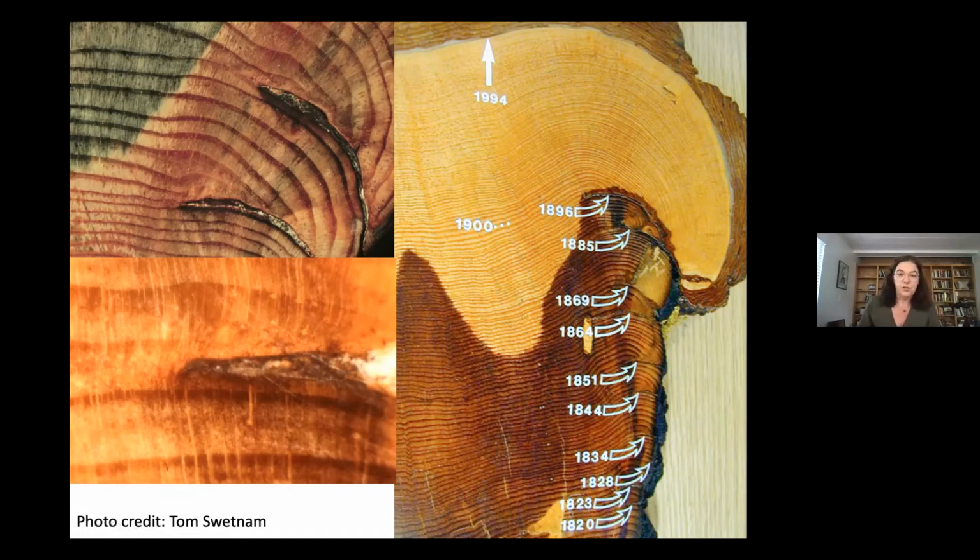So we don't do this research based on one tree. We do this kind of research based on many trees. And so for instance, in this example, you can see there was a fire that harmed this tree every 10 to 15 years on average between 1820 and 1896.